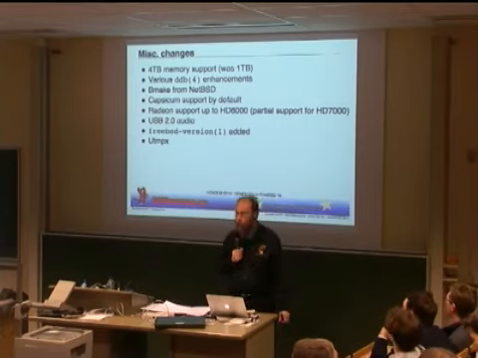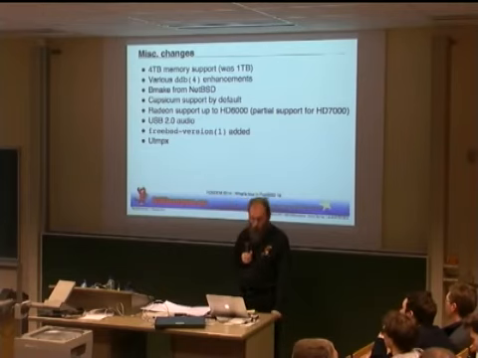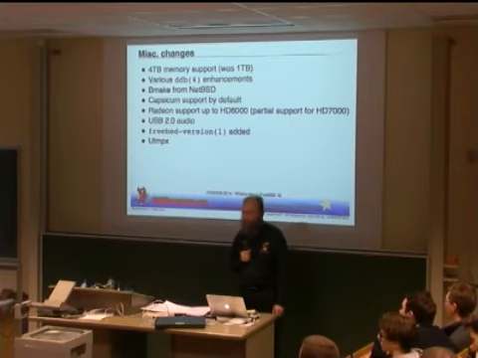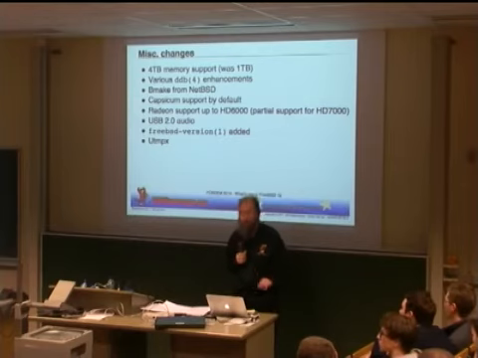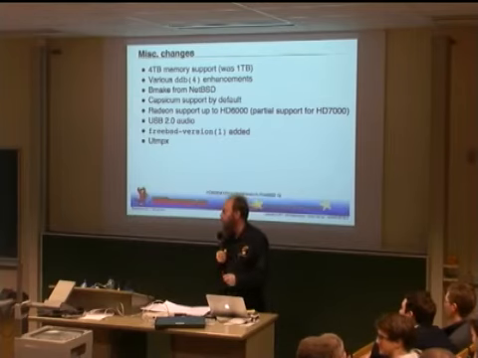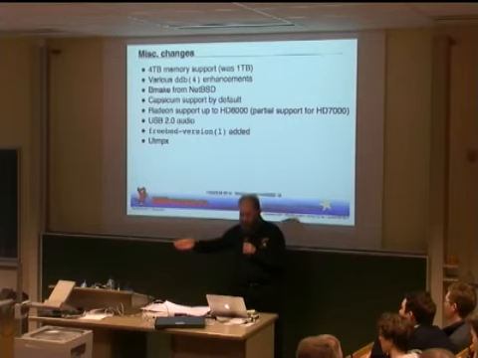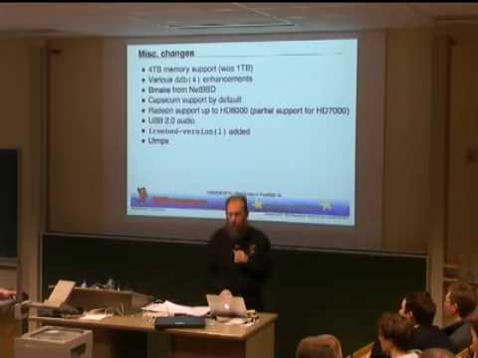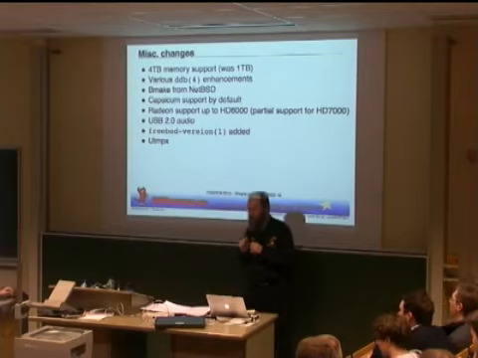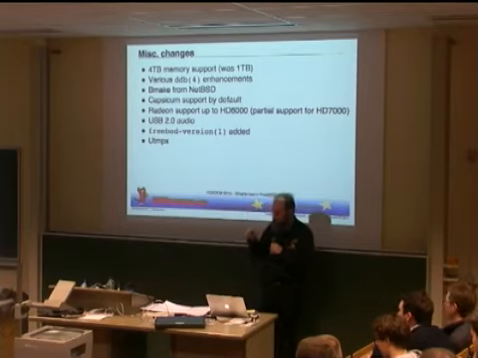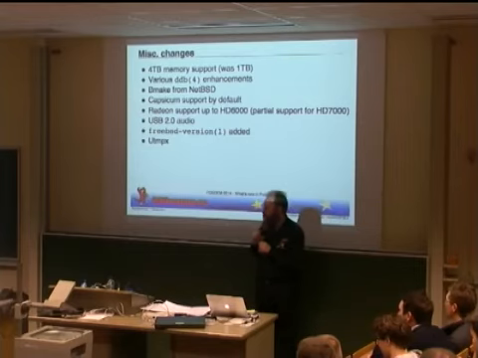New command, freebsd-version. Very simple little thing, but it's very useful. How do you know what version of FreeBSD you're running on a pre-FreeBSD 10 system? Anyone? What does uname tell you? It tells you the string which was put in the kernel at compile time. That should tell you the version of your kernel. It doesn't tell you what kernel is in /boot/kernel at the moment. It tells you the kernel that's running.